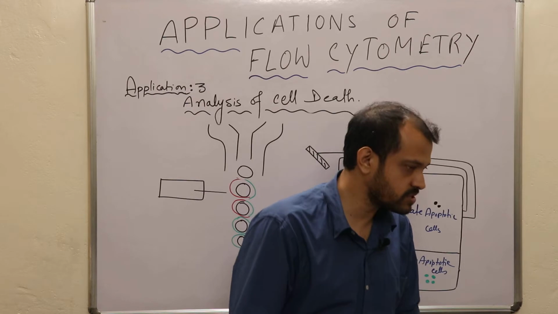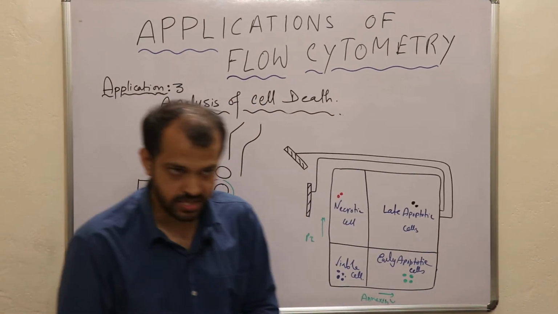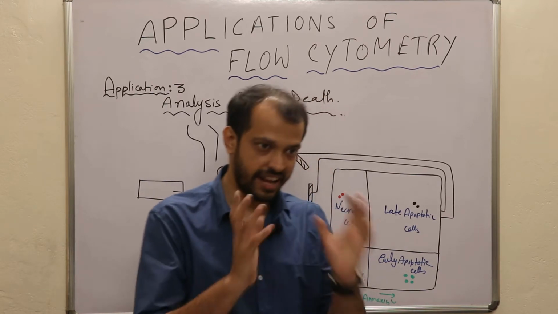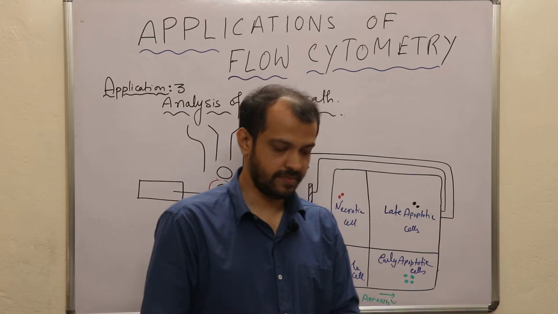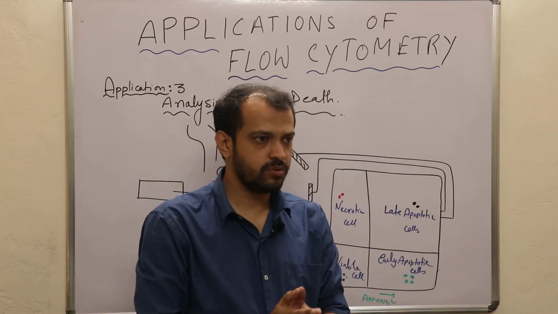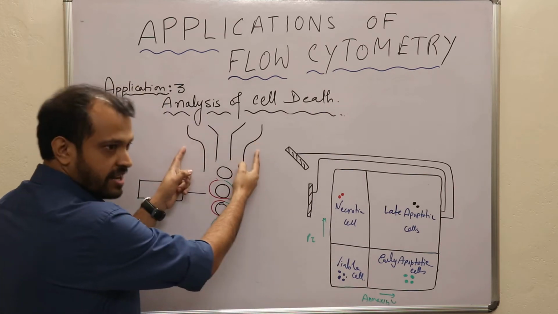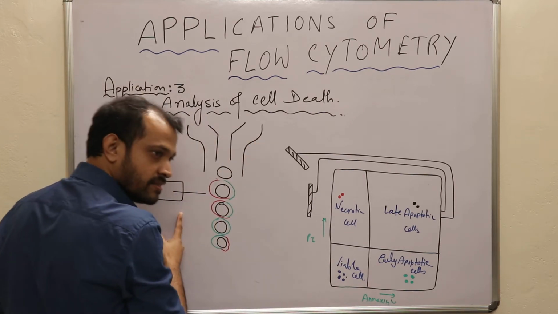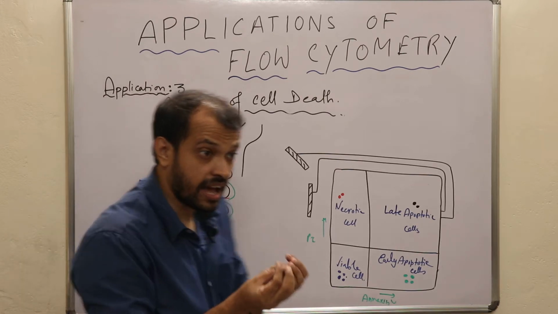What do you mean by fluorescence assisted cell sorting? Listen, every flow cytometer is not a FACS machine. What is a FACS machine? FACS actually uses the principle of hydrodynamics and laser, but it has another unique property.